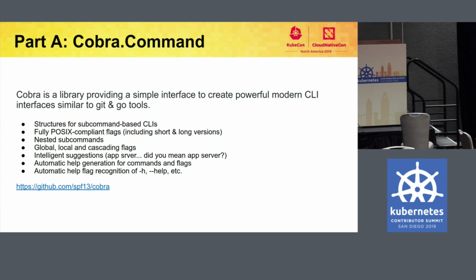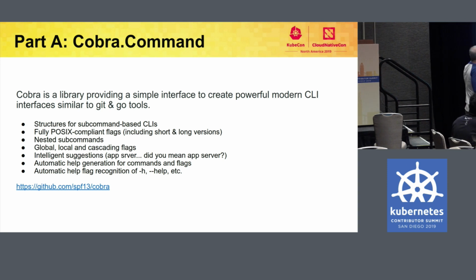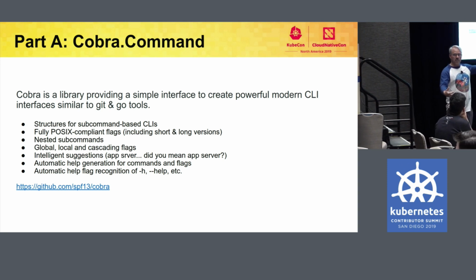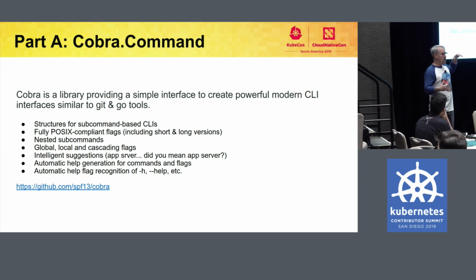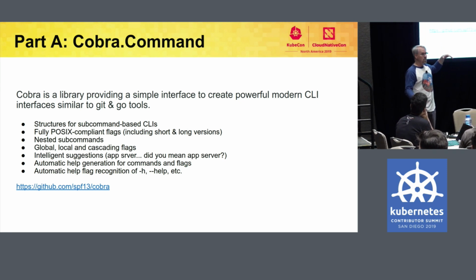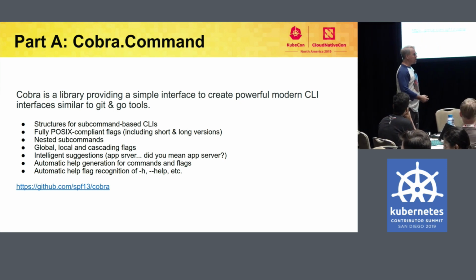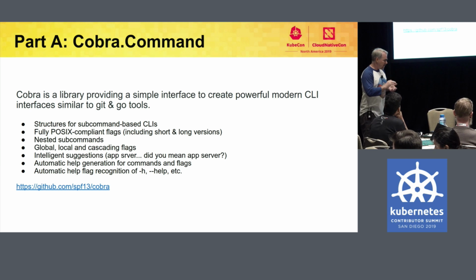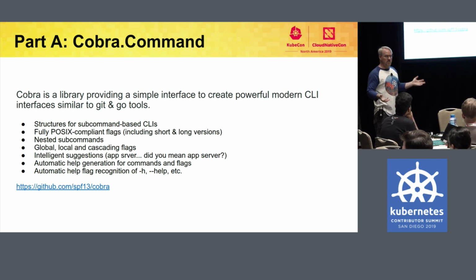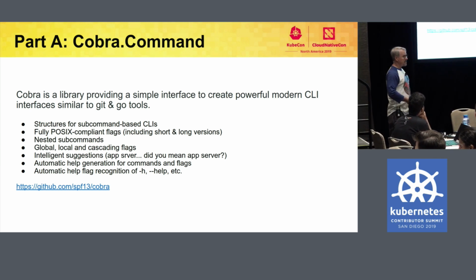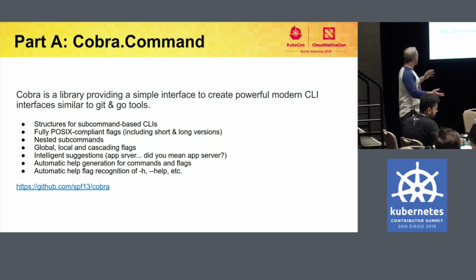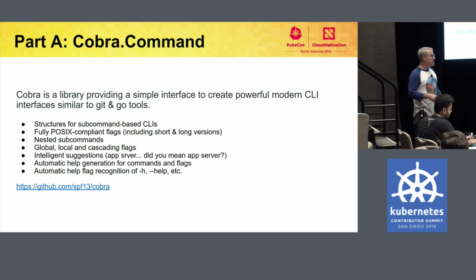So I just wanted to mention a couple things about the Cobra command. It's an encapsulation for all of the kube control subcommands. And it has really strong support for POSIX flags. It has intelligent help suggestions if you type in the wrong command.